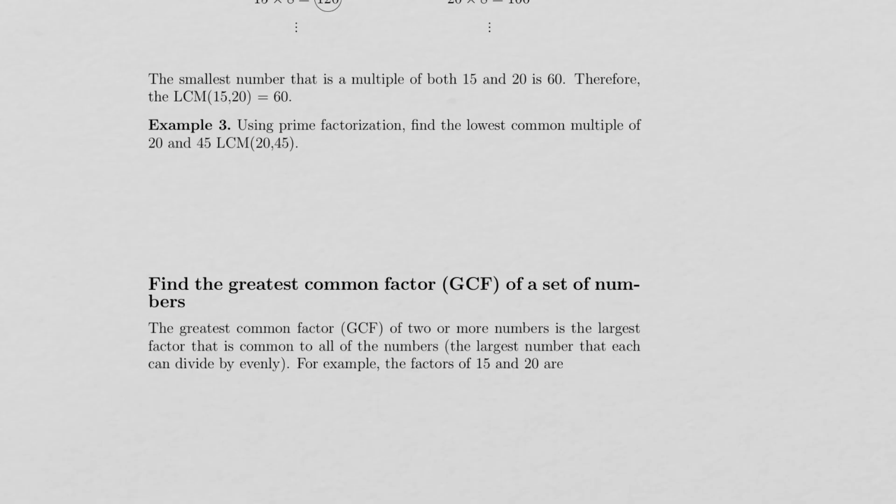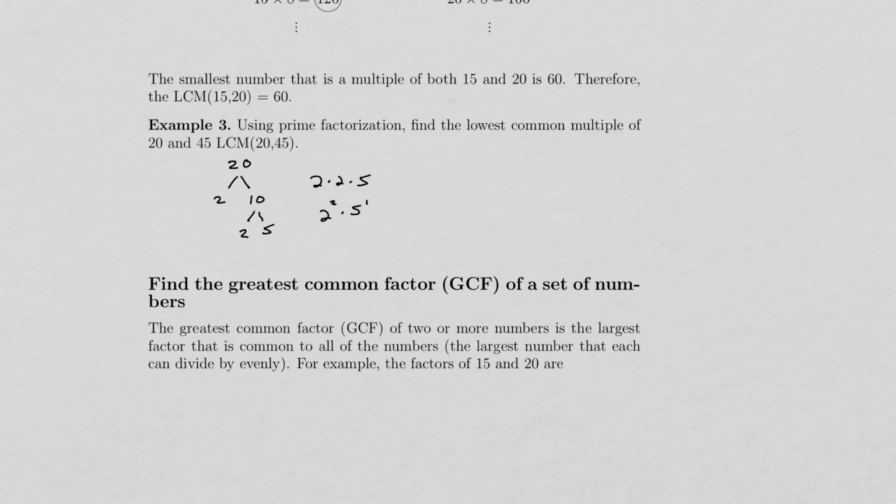So the first thing you should do is find the prime factorization of both numbers. So I want to find the prime factorization of 20. So let me branch off. So I have 2 times 10, 2 times 5. And I can write this as 2 times 2 times 5, or 2 squared times 5 to the 1.